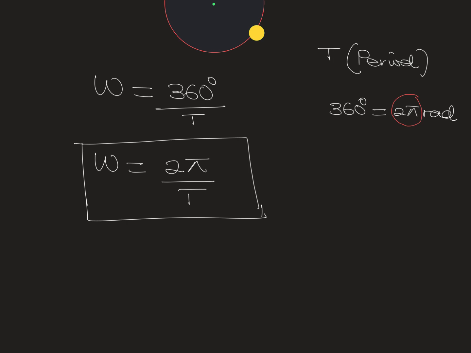The angular velocity is equal to 2 pi divided by the period. So omega is the angular velocity, T is the period. All right, so that is the relationship between the angular velocity and the period.